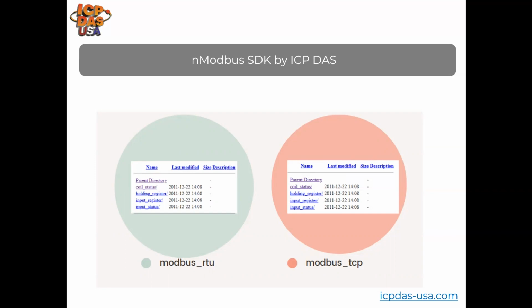For the master programs, there are demo programs for getting the coil status, which is the on or off status. Also for getting the information from holding registers, which often hold information like measurements, such as 4 to 20 milliamp current, temperature, voltages, or pressure. It also has input register information and the status.